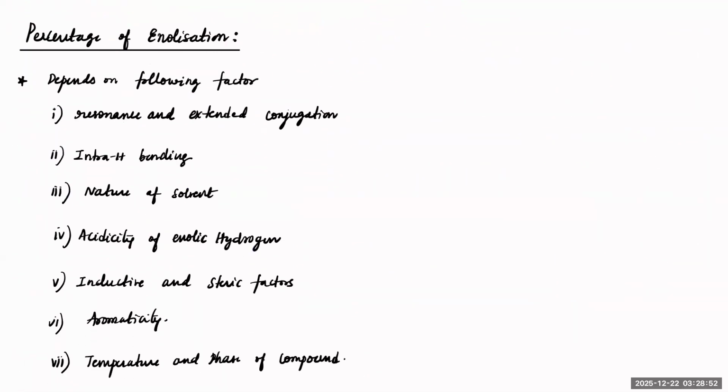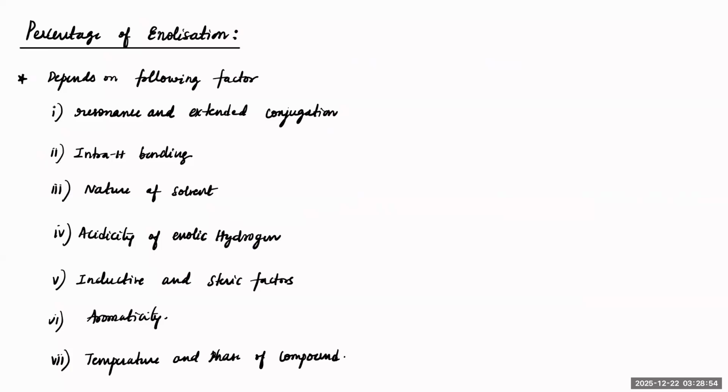Now, next notice, what are the factors that influence the percentage of enolization? That means whether the enol amount is more or less depends upon what factors. The first one being resonance and conjugation in the enol. If there is any resonance or extended conjugation in the case of enol, that will influence the percentage of enol.